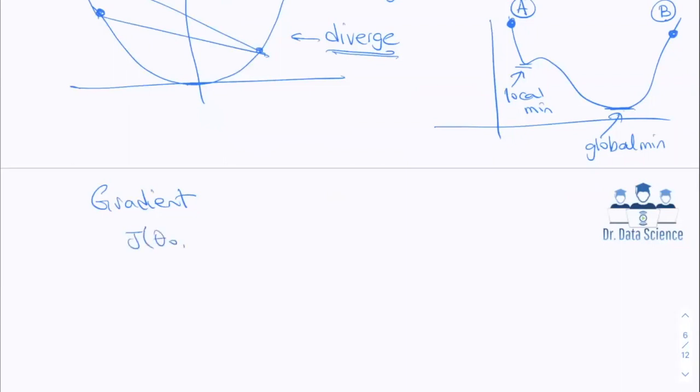So let's look at that cost function that we had in the previous slide that we called the mean square error. So we have 1 over n, the summation from 1 to n of (yi minus theta 0 minus theta 1 xi) raised to the power of 2.